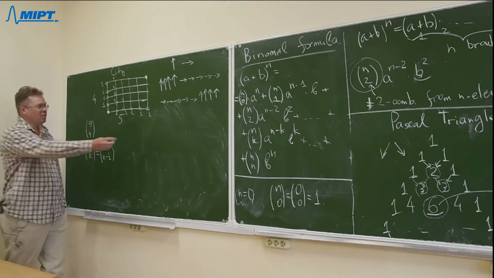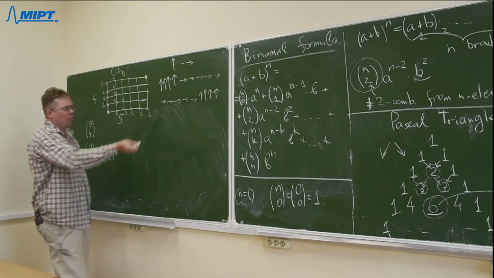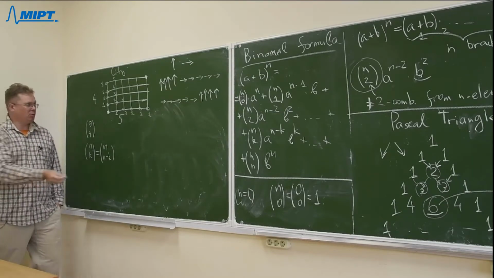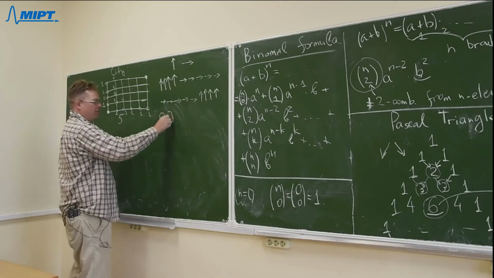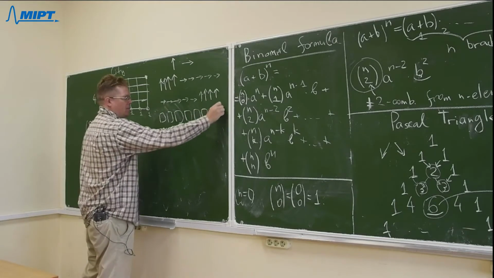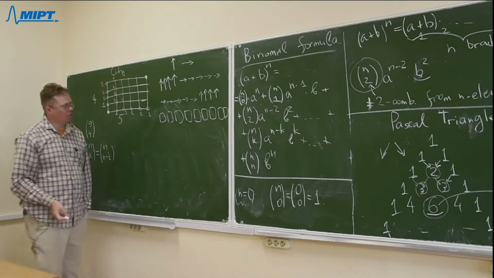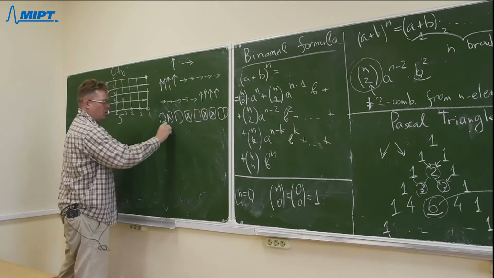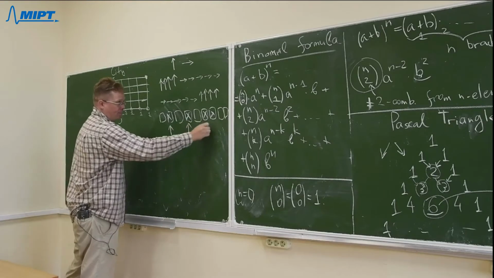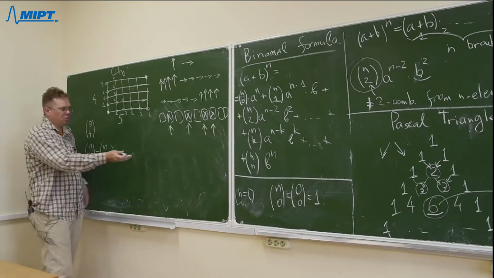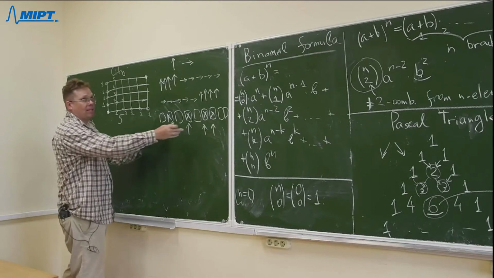Okay, so you have 9 steps here, and you want to choose, for example, which of the steps are going up. So you have 9 places here, and you just take 4 of them which are going up. This is a combination, because all you need to do is take the 4-element subsets of a 9-element set.